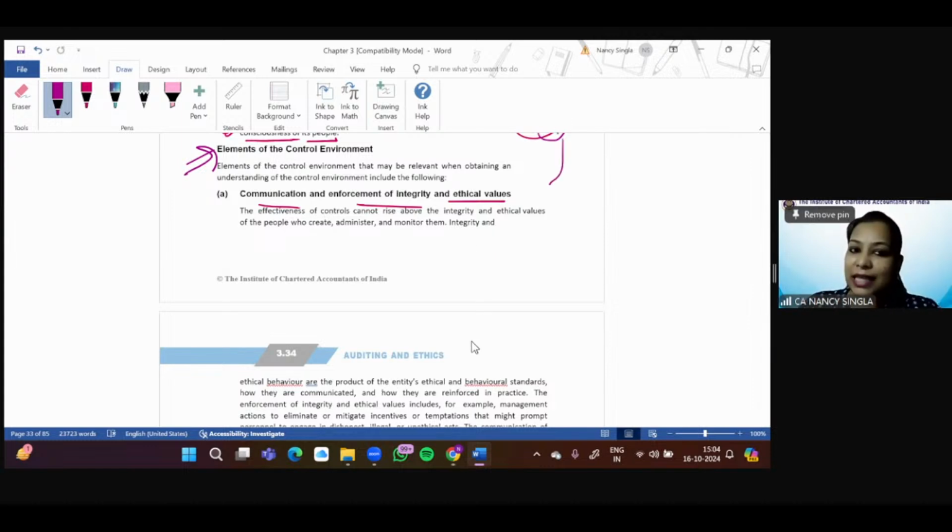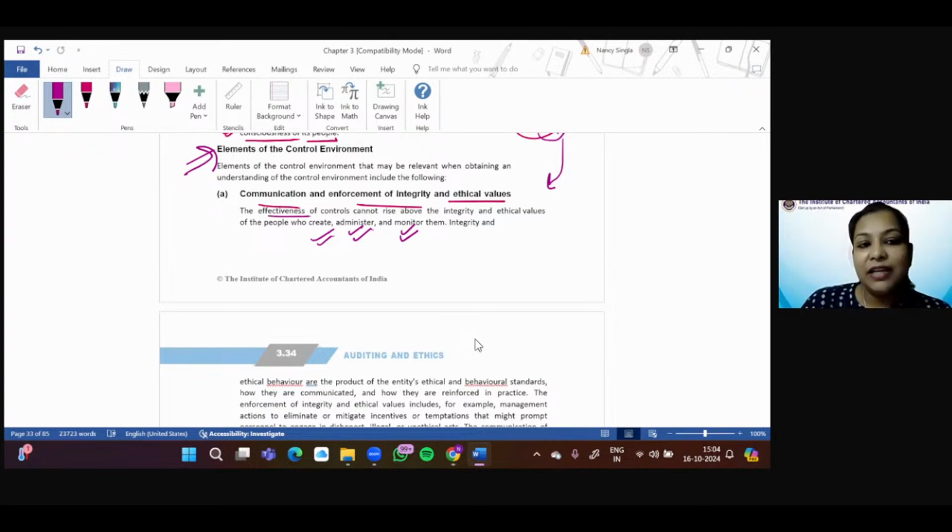In the same way, this example fits here. Management and others, for all those who are involved in creating, administering, or monitoring the internal control, their example should be set so that others in the organization also follow the internal control, right?